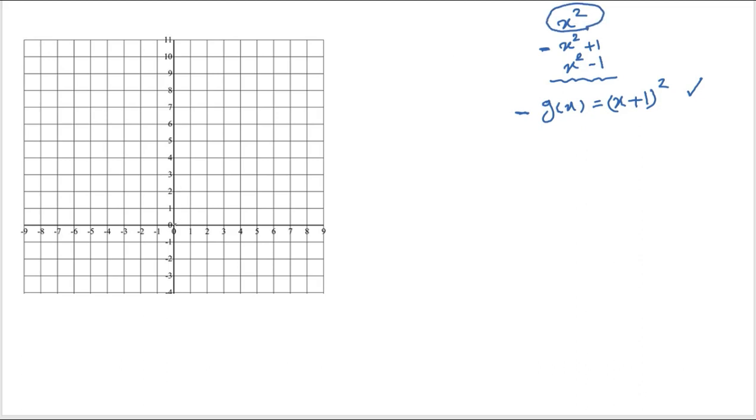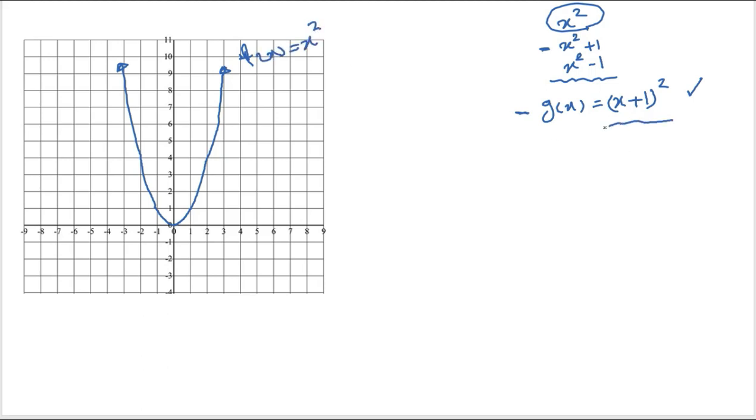I know the graph f of x is equal to x squared is like this, 2 and 4 is right here, 3 and 9 approximately. So this is f of x is equal to x squared.